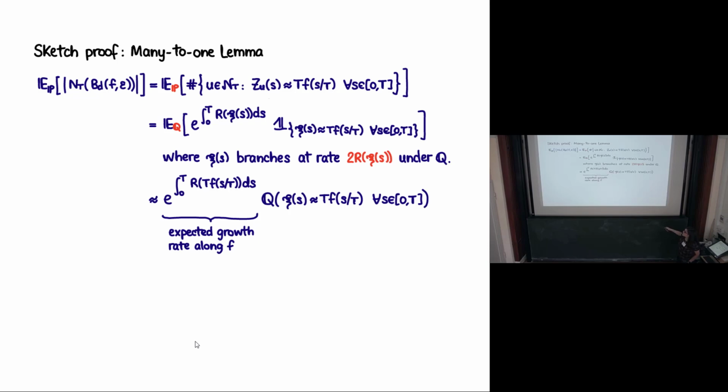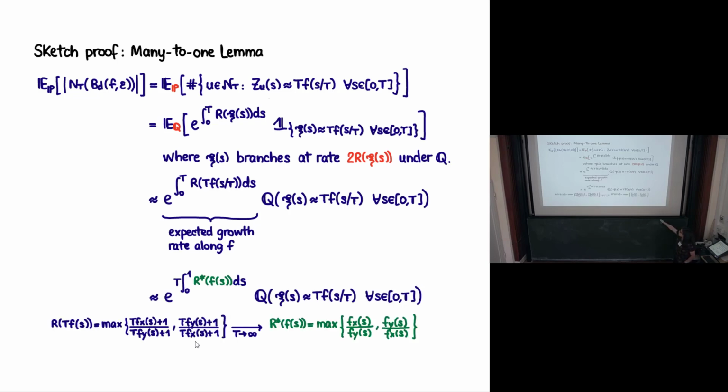We will have the first exponential term, which is the exponential of the integral of the rate function, and then we need to be able to evaluate the probability that just one line of descent is near f, where now this psi is just one random walk, which branches at rate 2 evaluated at its position. Next step, we will work when t is large, so how does this integral behave?